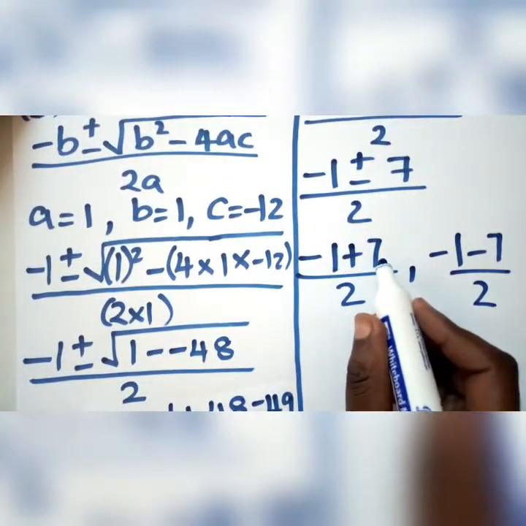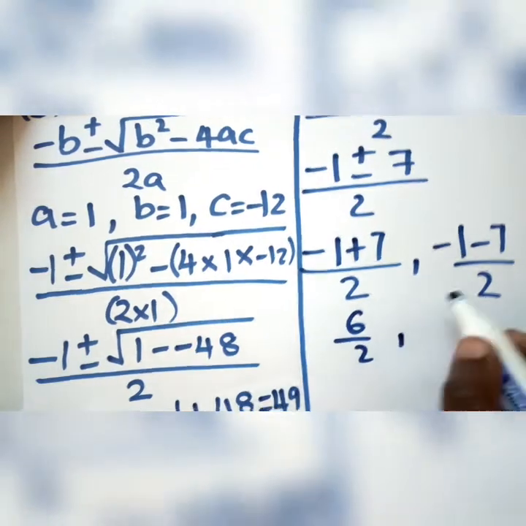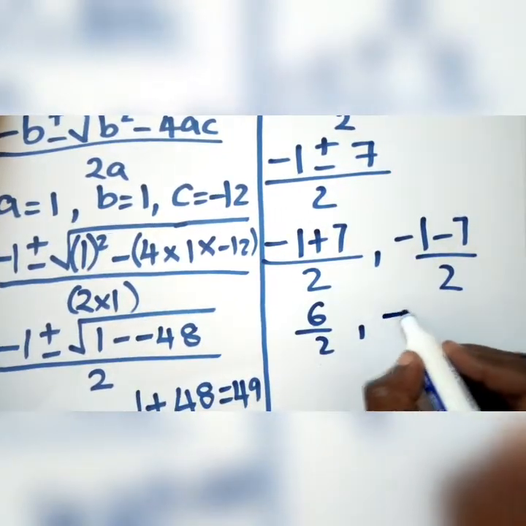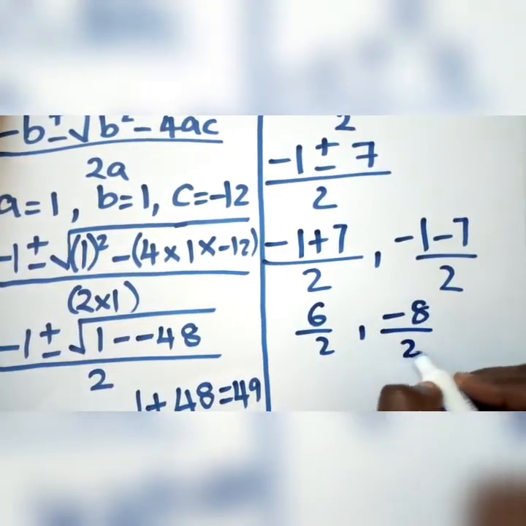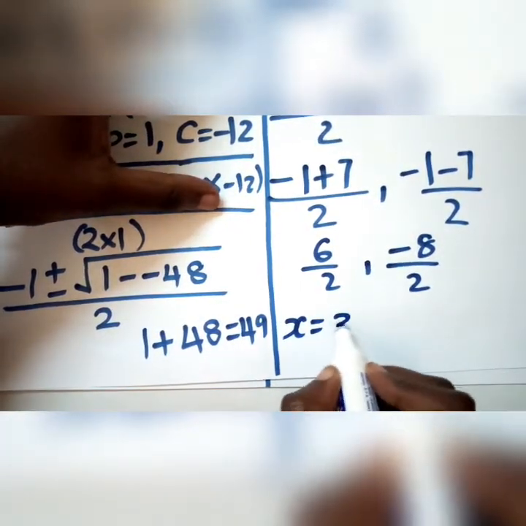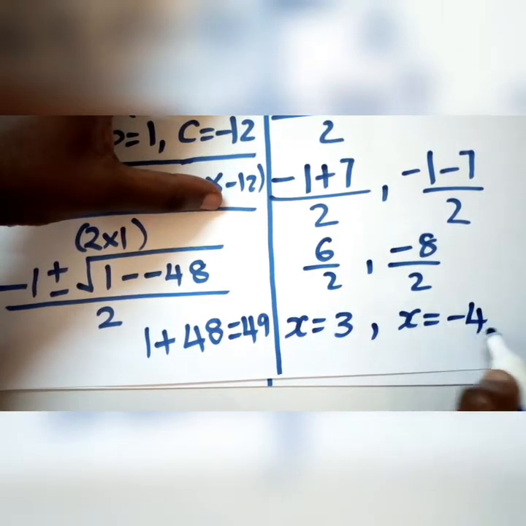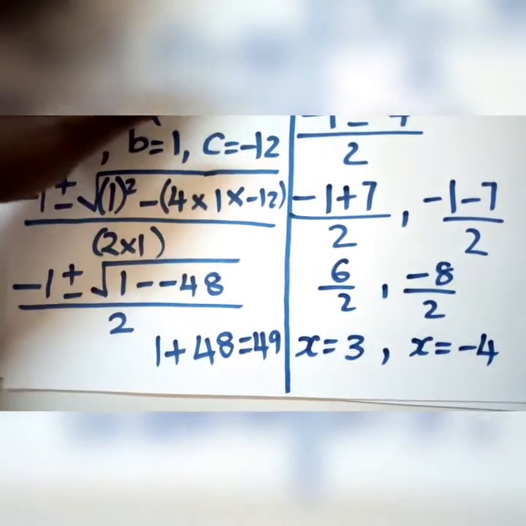Minus 1 plus 7, that is 6 divided by 2, and the other one will be minus 1 minus 7, that is minus 8 divided by 2. So the first x will be 3 and the other one will be x equals to minus 4 when you divide these two. So those are two values.